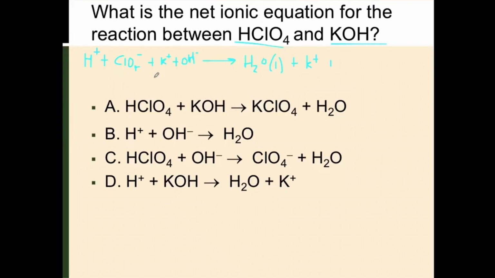Our total, we're separating out each one of the acids and the bases into their constituent ions. So their constituent ions include things like the H plus, ClO4 minus anion, plus potassium, the K plus, hydroxide, which is the OH minus. That gives us H2O as a liquid.